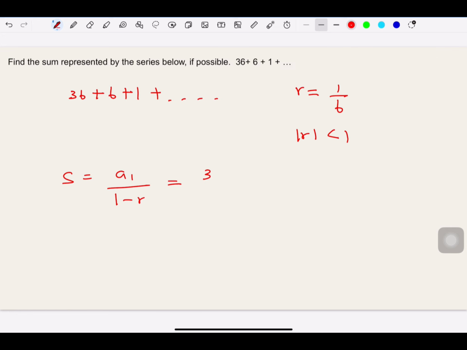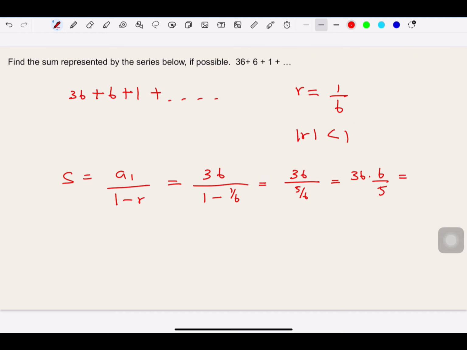The first term is 36, and in the denominator, r is going to be 1/6. If you do the simplification, in the bottom, 1 minus 1/6 is 5/6. So this is 36 divided by 5/6, which means 36 multiplied by 6/5.